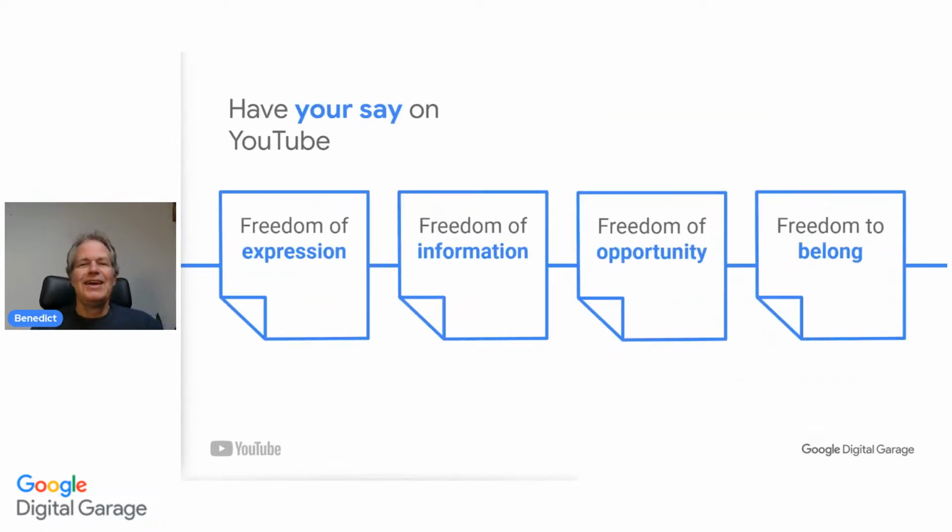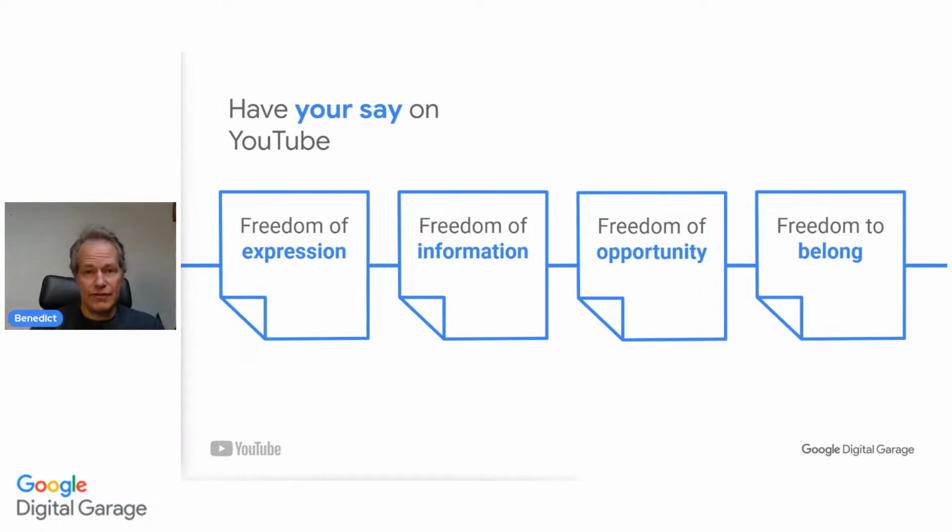So, to have your say on YouTube. This is quite important, and I'm going to go into more detail about it, because YouTube's mission is to give everyone a voice and to show them to the world. So these are YouTube's four essential values of freedom.